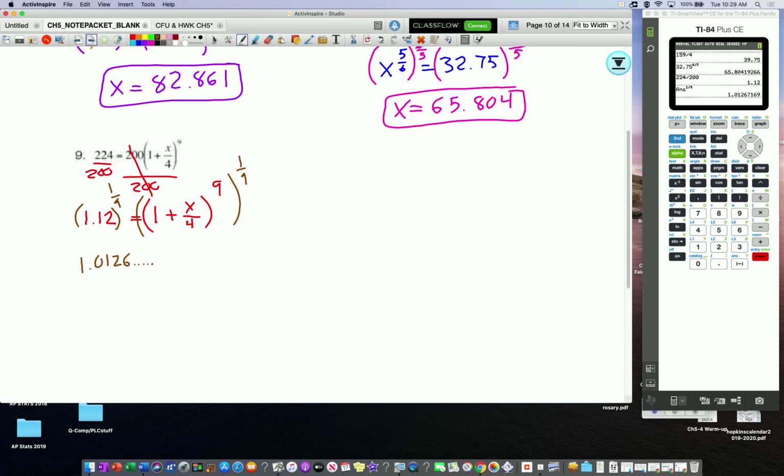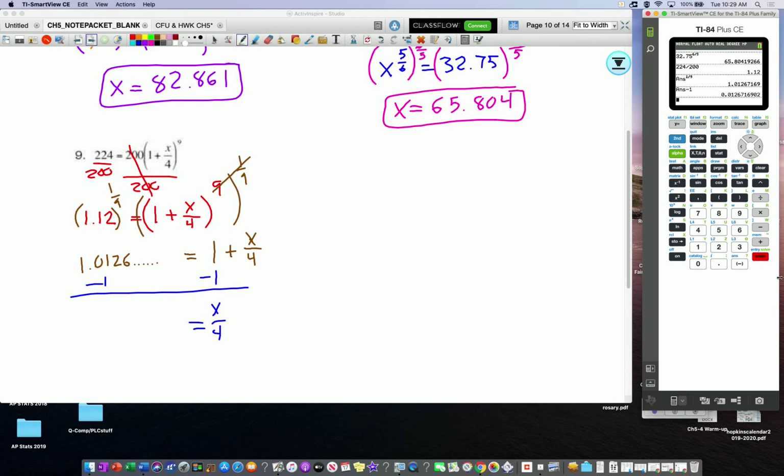So I have 1.0126 dot, dot, dot, which equals 1 plus x over 4. I'm purposely leaving the decimal in my calculator so that I can get an exact answer. Now I subtract 1. So what's nice is I have x over 4 equals the last answer minus 1, which leaves me this decimal, 0.0126 dot, dot, dot.